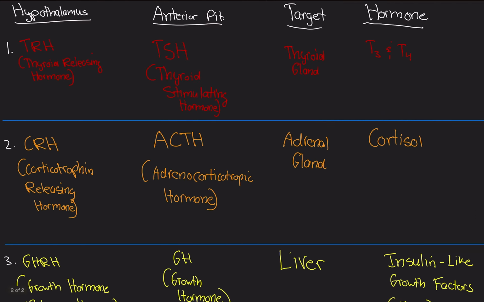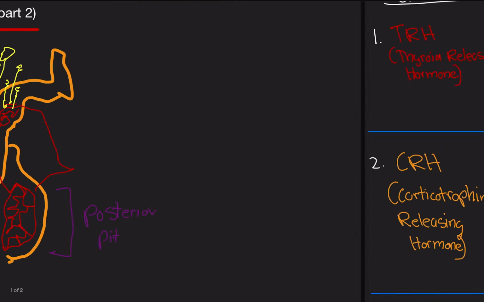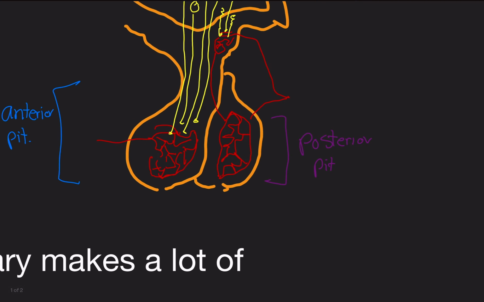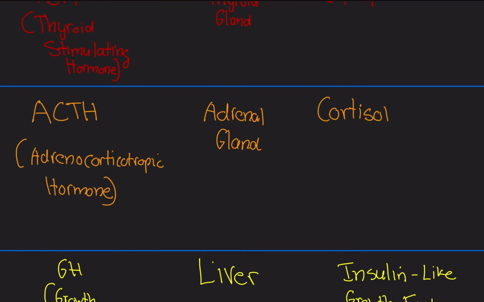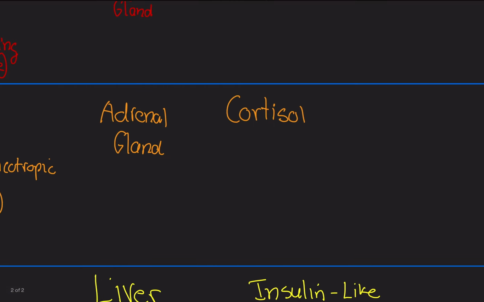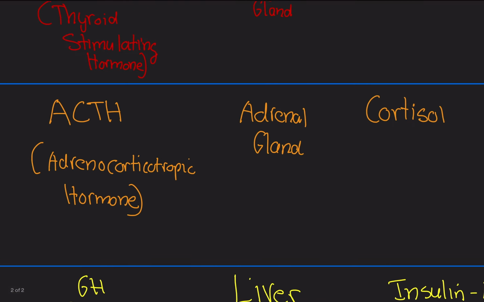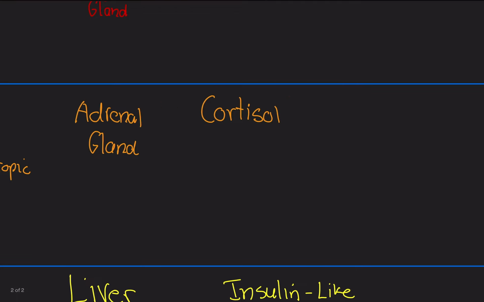And the anterior pituitary is going to make something called ACTH, or adrenocorticotropin hormone. This hormone, once again, will leave the anterior pituitary and go to the adrenal gland. The adrenal gland, in response to getting ACTH, is going to make cortisol, your stress hormone.